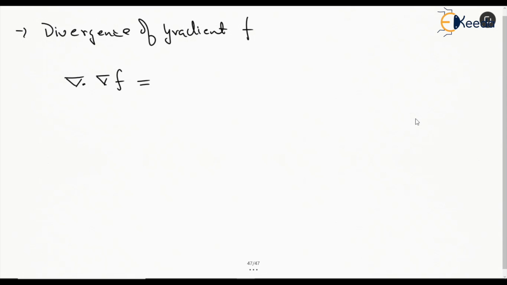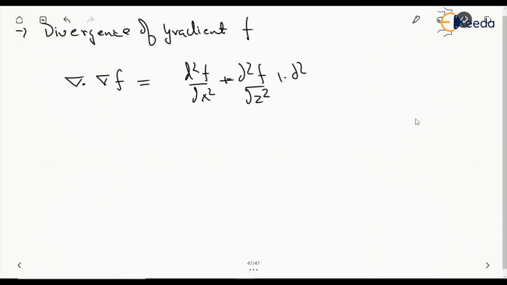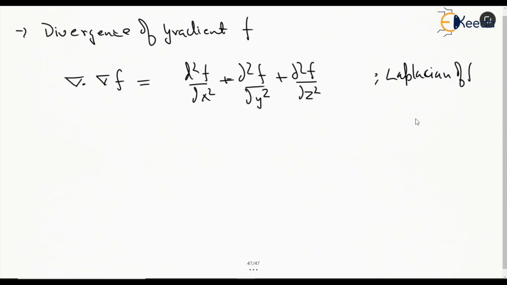This will become d2f by dx square plus d2f by dy square plus d2f by dz square. What we can also note here is this is the Laplacian of f. If required, you'll see it somewhere else also.